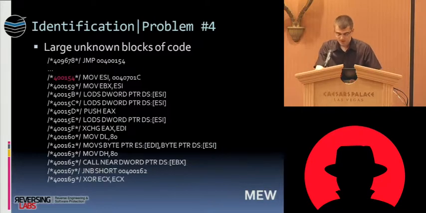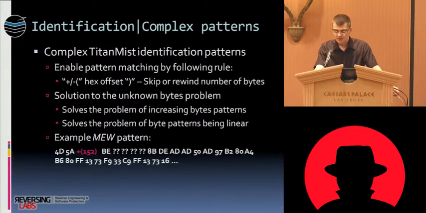So what we did is we added the following complex pattern which enables you to jump, skip. If we start the pattern matching from the beginning of the file, we match the first 2 bytes, which is just an MZ for the header, and we say, okay, jump a certain number of bytes, that would be 152 in the MEW case, that's hexadecimal, and then we can just continue our pattern matching.